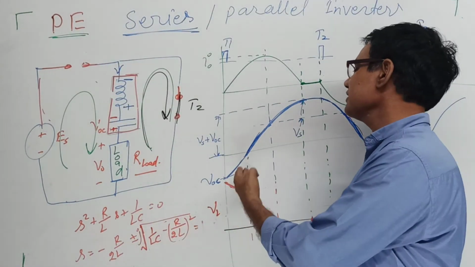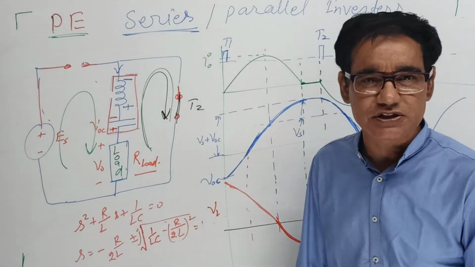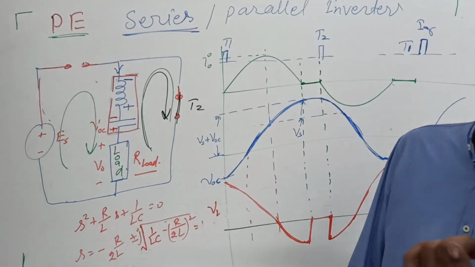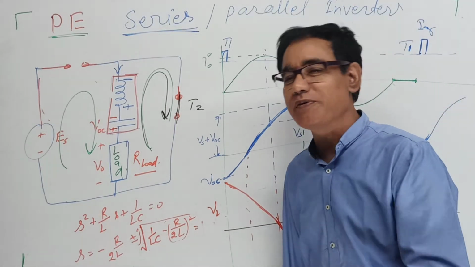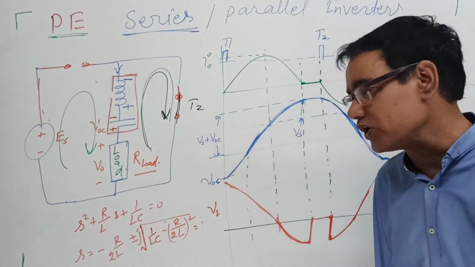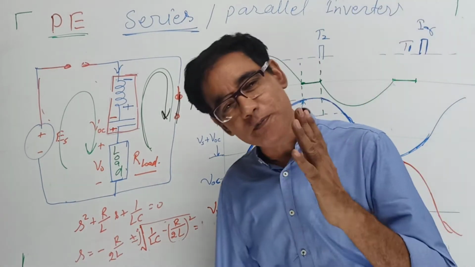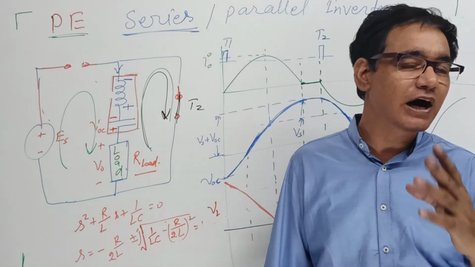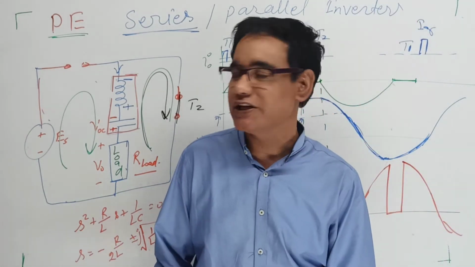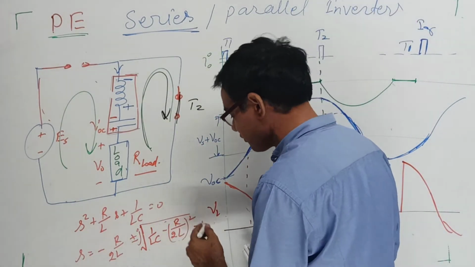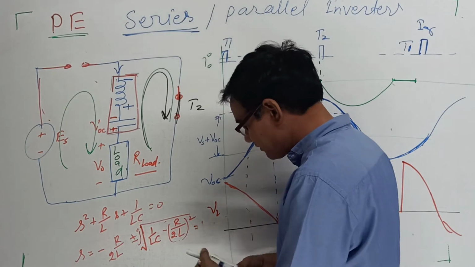In every turning on and off process the voltage gets reversed, so before starting the next one, its voltage should be reversed. And the operating frequency should not be higher than the ringing frequency, and that ringing frequency we will find from here. So this gives the ringing frequency.